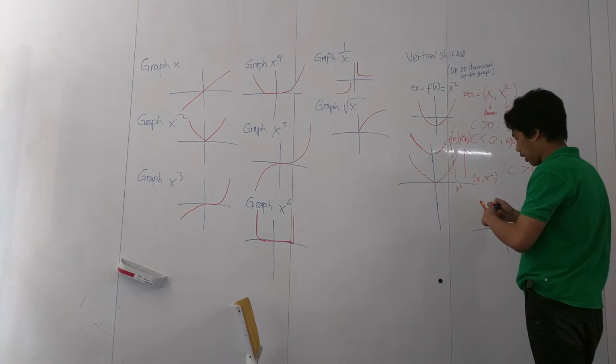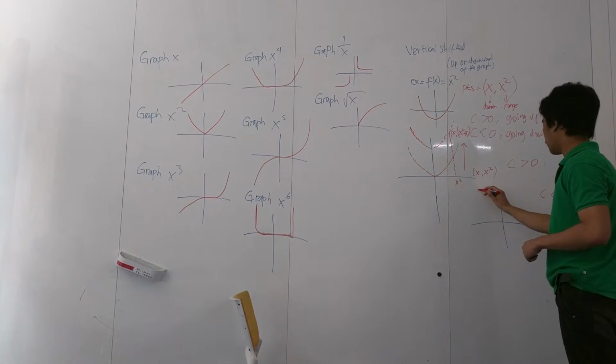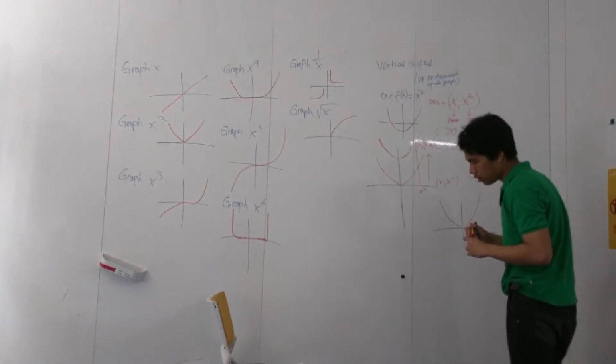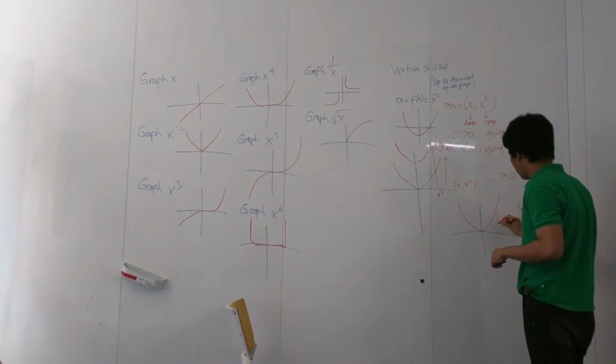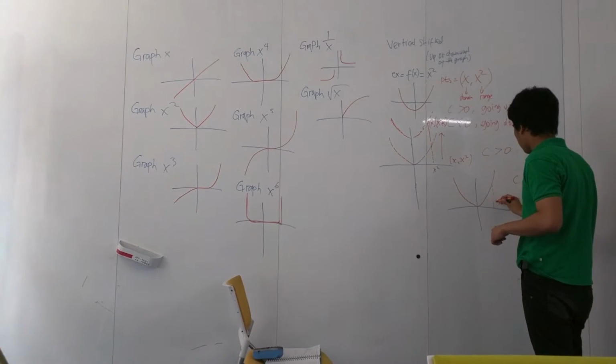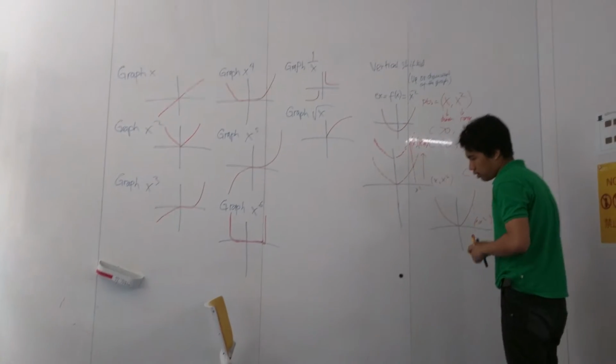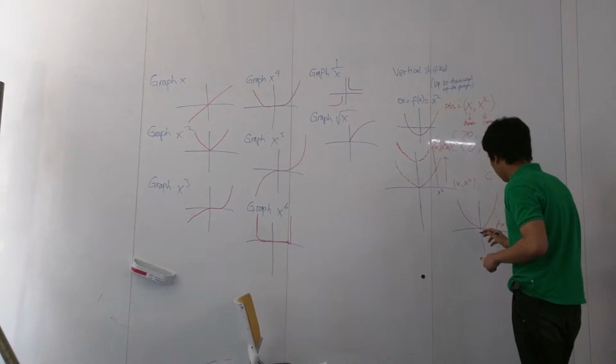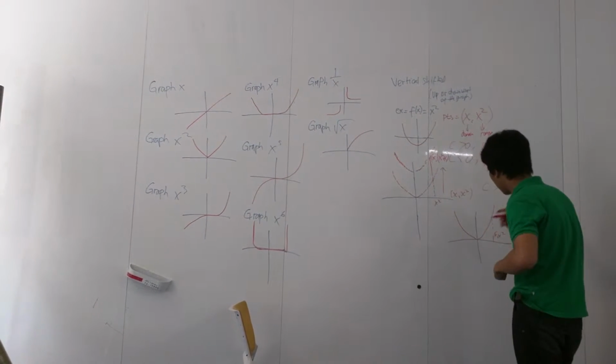We have this graph of x squared, which we did before, and this one is x, x squared, and then it will be going down.